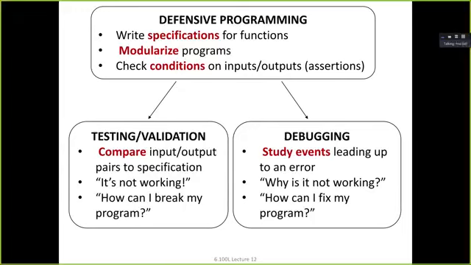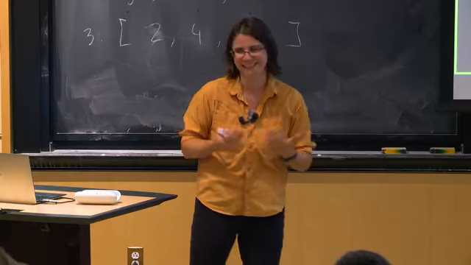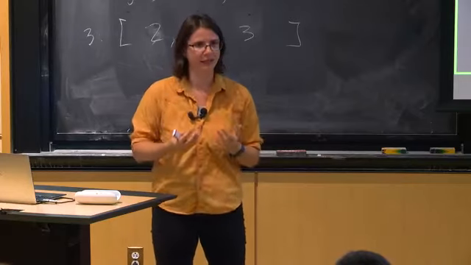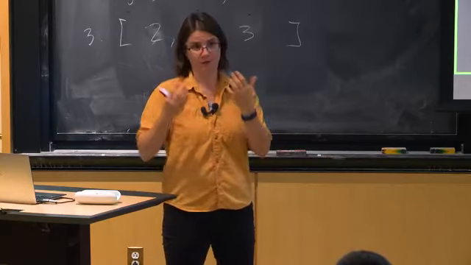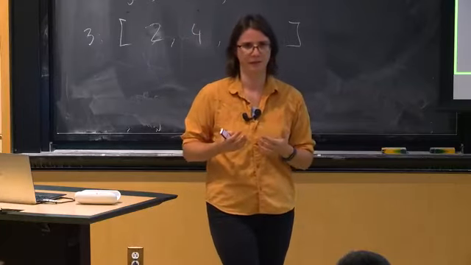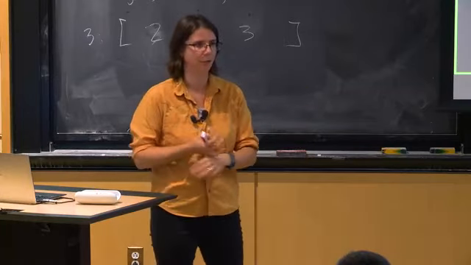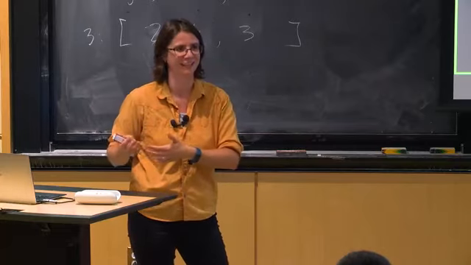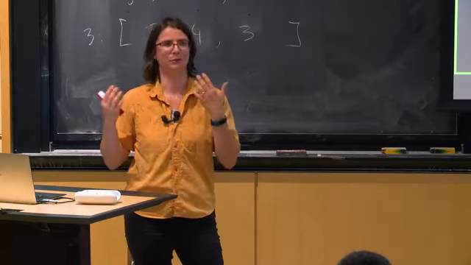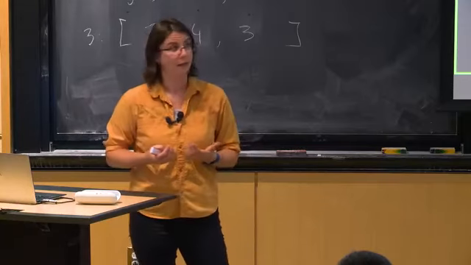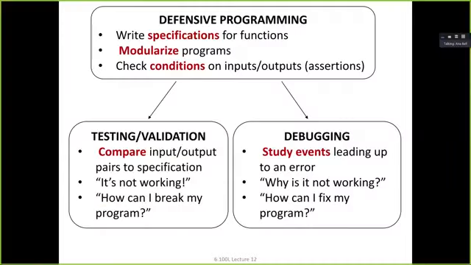And I know I always say this, and I actually don't always practice it, but it's important to write the code by adding comments as you're writing the code, right? So writing specifications, writing comments for yourself as you're actually writing the code, not when you've finished it, is very important. It helps you as you're writing it or when you're coming back to it in a couple of days. Modularizing the programs also helps.